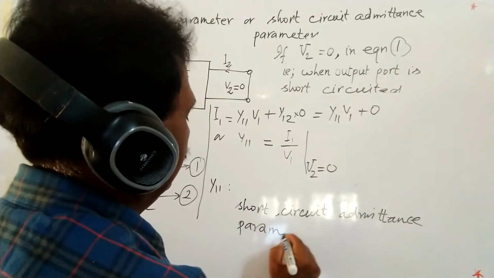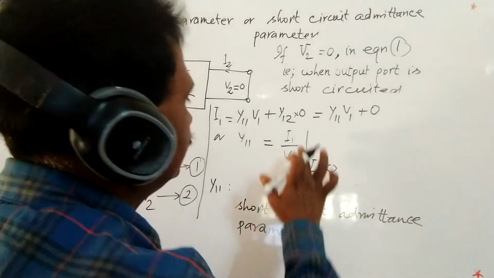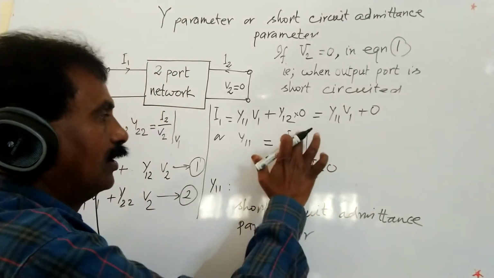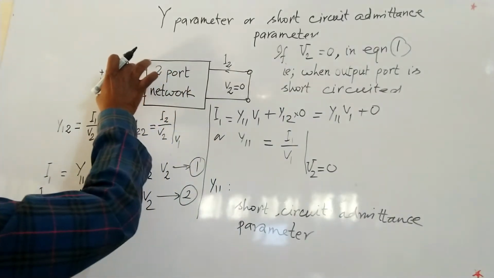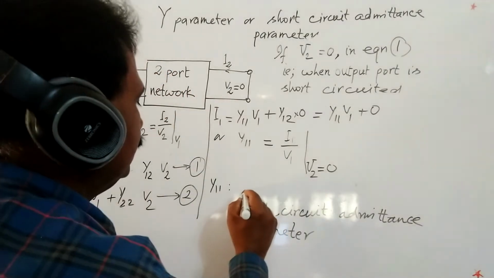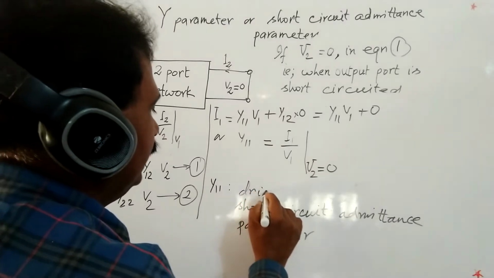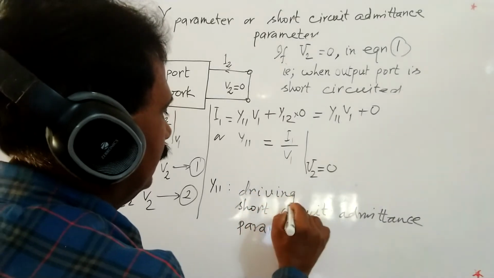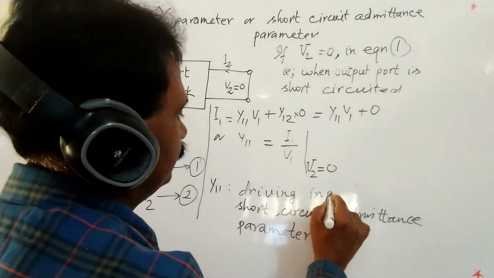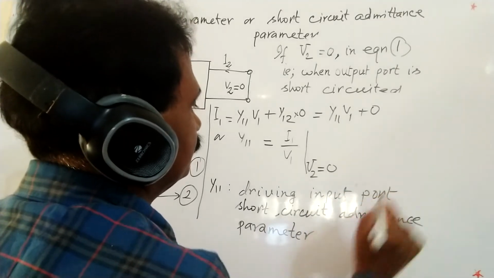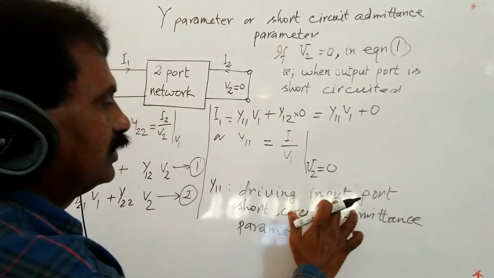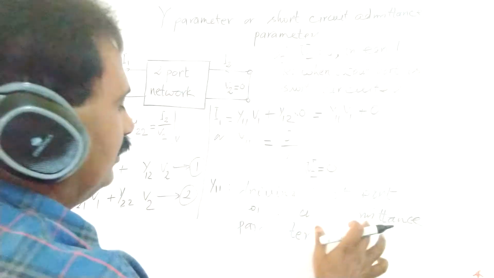And what again we observe, this is the ratio of I1 and V1, the values of the same port, the input port, therefore this is known as driving point input port short circuit admittance parameter.